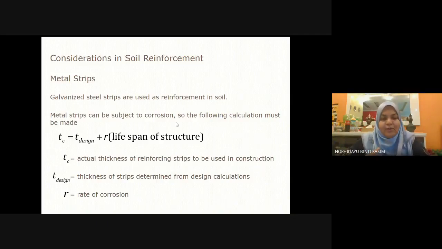So as an engineer, you have to calculate the T design, and then you have to plus the rate of corrosion, R. Usually you can get this from the supplier. And the lifespan of the structure.